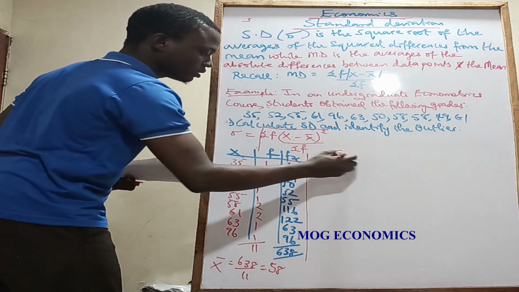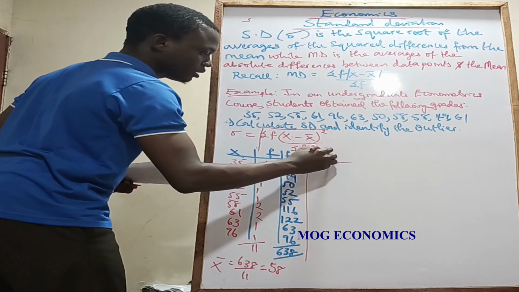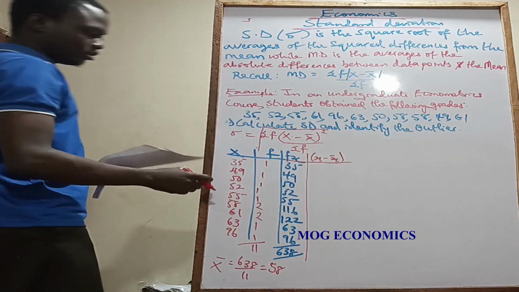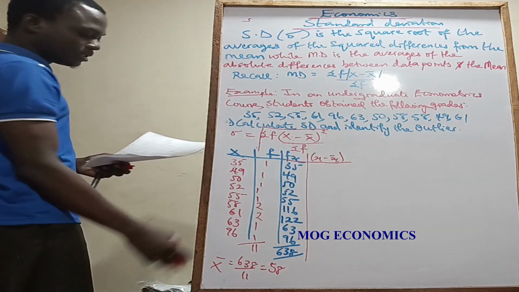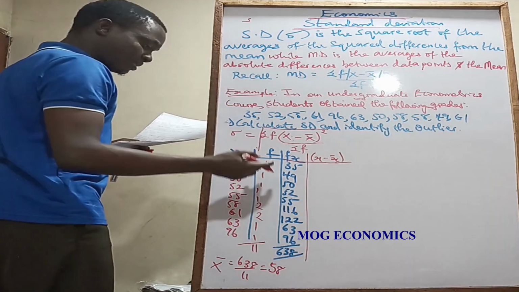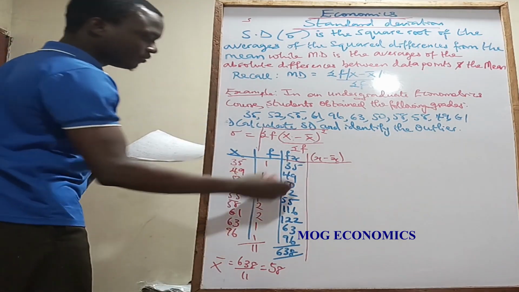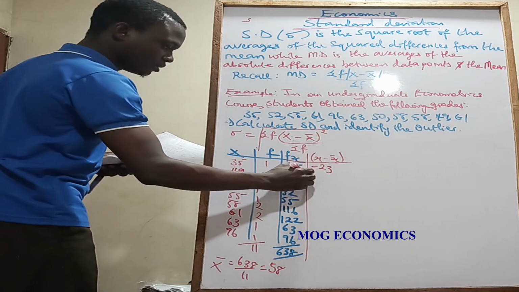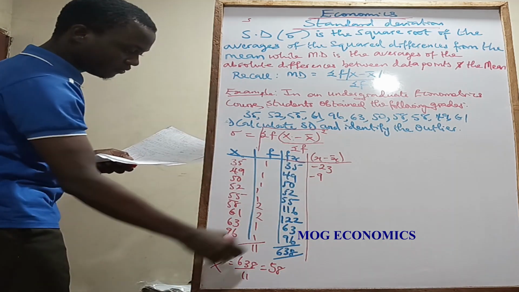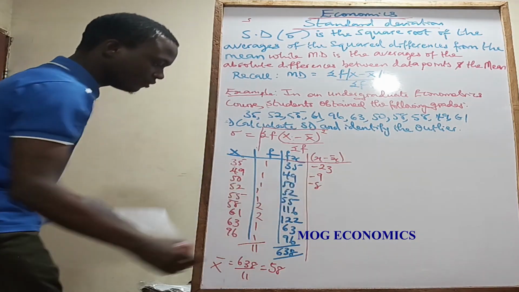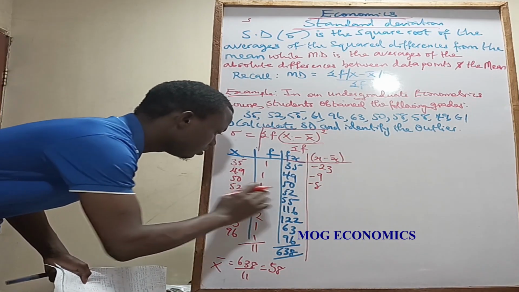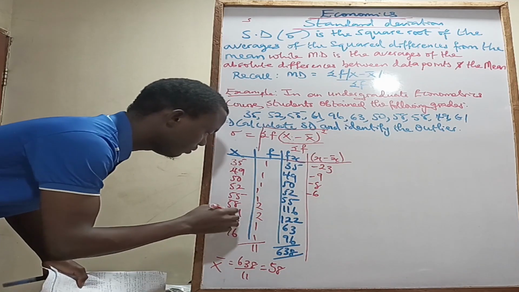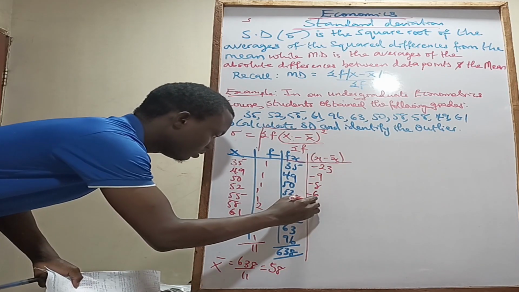And let's do our x minus bar x. 35 minus 58 is minus 23. 49 minus 58 is minus 9. 50 minus 58 is minus 8. 52 minus 58, minus 6. 55 minus 58, minus 3.